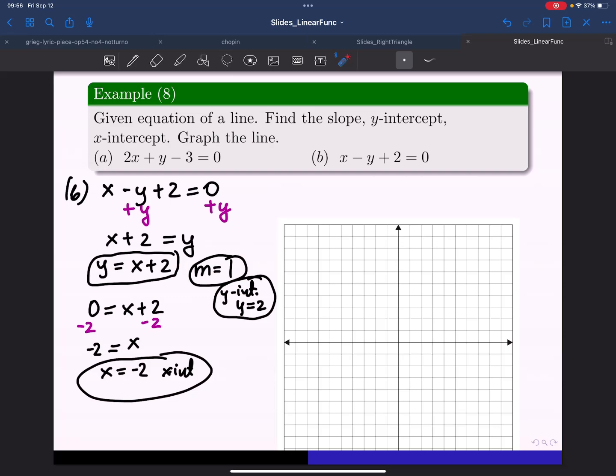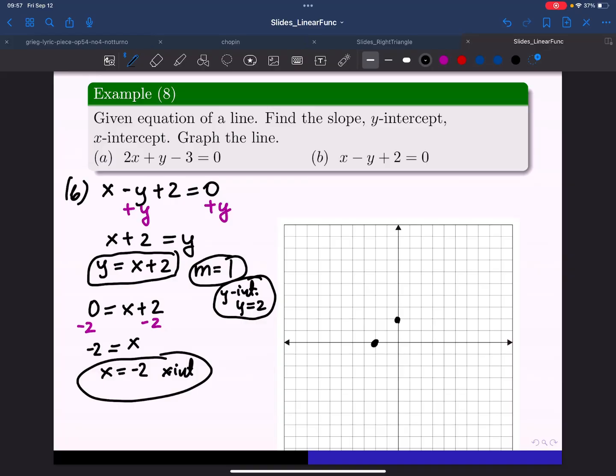And now we can graph it. So on the y-axis we have 1 and 2. And on the x-axis we have negative 1 and negative 2. And we could march according to slope 1.